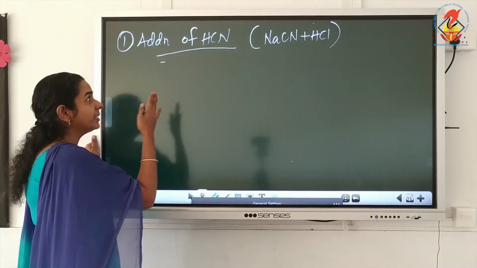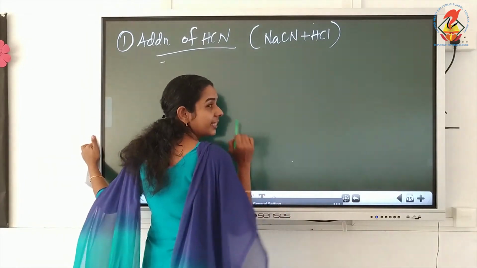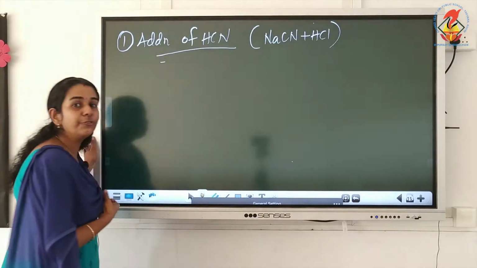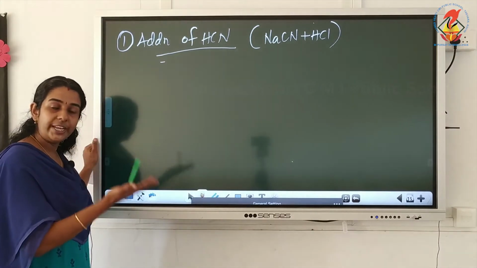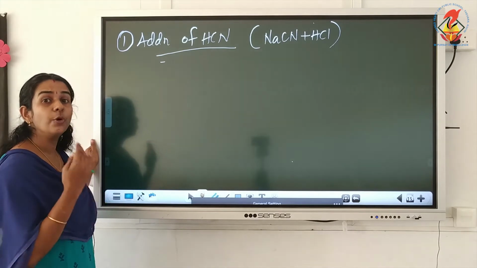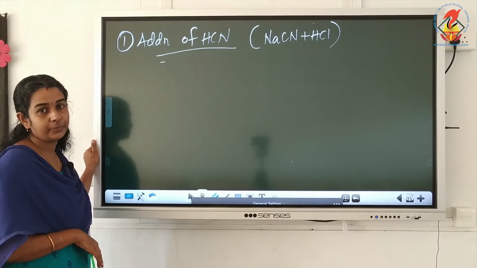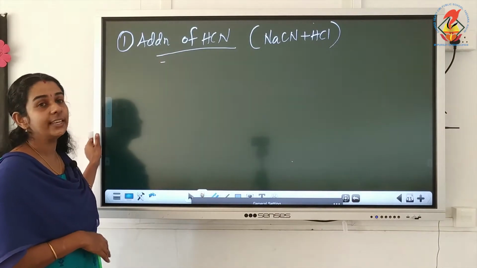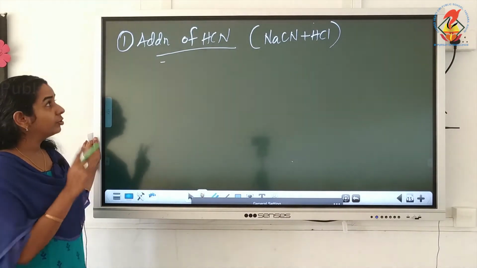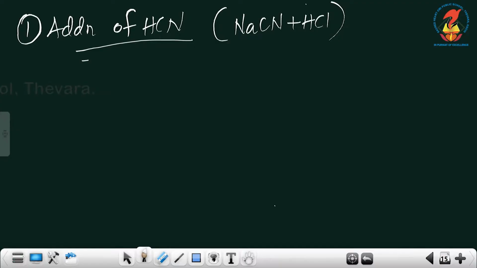It is same as HCN because we know that when NaCN reacts with HCl, NaCl and HCN will be formed. So, when the question comes, either it will be given as HCN itself or it will be given as NaCN and HCl. So, first we will see the mechanism of addition of HCN. This is mechanism number 2 coming in this chapter.